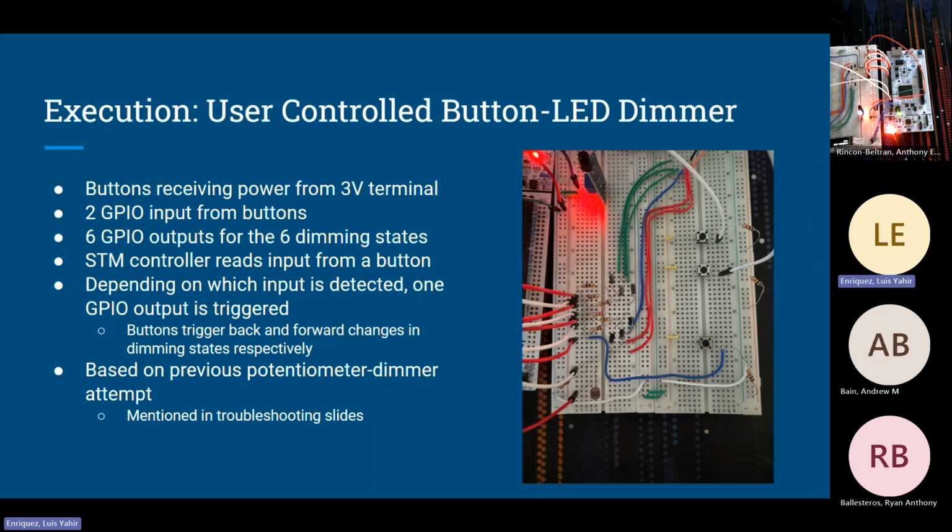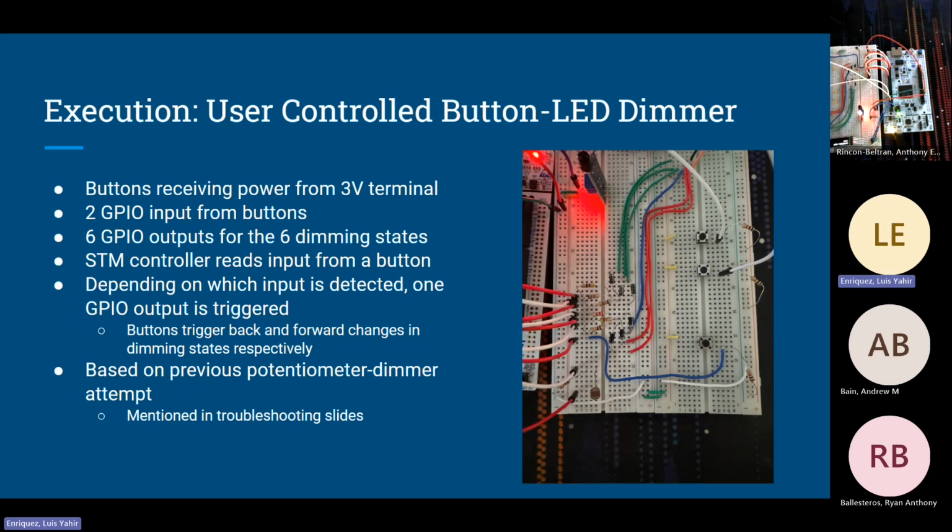And so for the user-controlled button LED dimmer, that was my part. As I explained before, it was originally supposed to be a potentiometer, but we replaced it with buttons, and we adjusted the code accordingly.